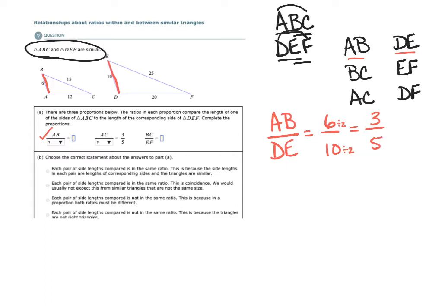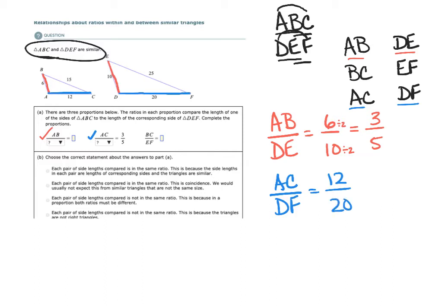and that would tell me that they are in a proportion of 3 to 5. Now in the next one, they give me AC. And again, using my chart, I know that AC corresponds to DF. So I can fill that in. I can now use my side lengths. AC is 12, and that corresponds to DF, which is 20.